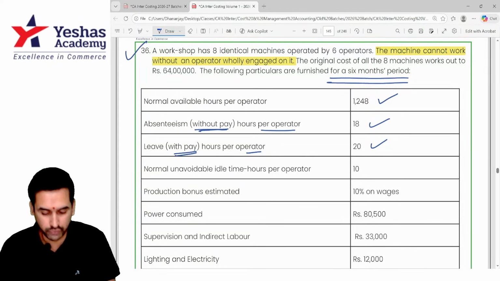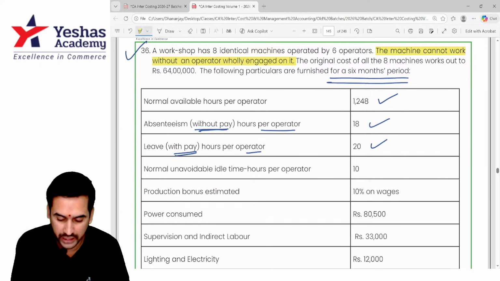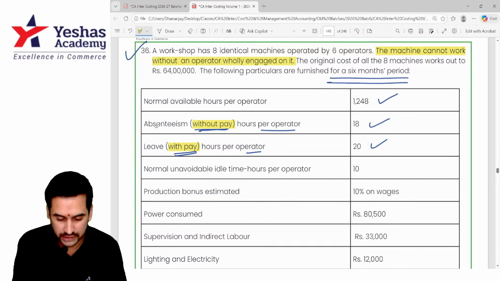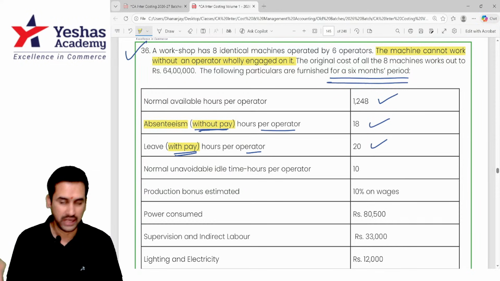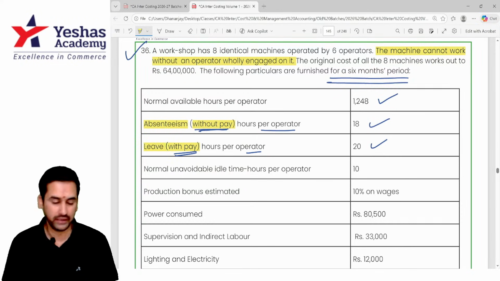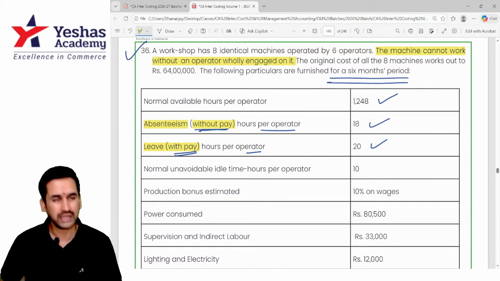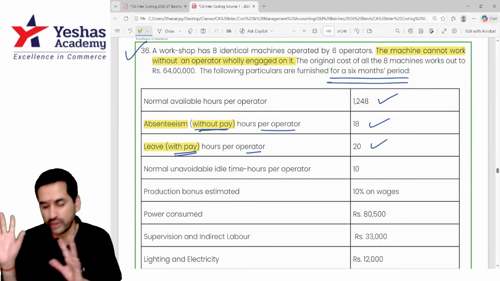Sir, what is this without pay and with pay in brackets? This with pay or without pay is for the employee's salary. Absenteeism without pay means he is absent and the company will not pay salary. Leave with pay means he is absent but the company will pay salary. But whether salary is paid or not, the employee is not there, and if the employee is not there, the machine will not work.